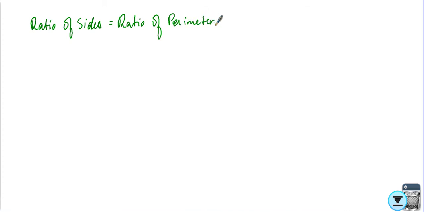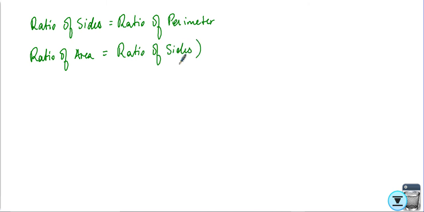So if one triangle is enlarged 4 times from the other, the larger triangle has a perimeter which is 4 times the perimeter of the smaller triangle. And also that the ratio of area of two enlarged, therefore similar shapes, is equal to the ratio of sides to the power of 2.